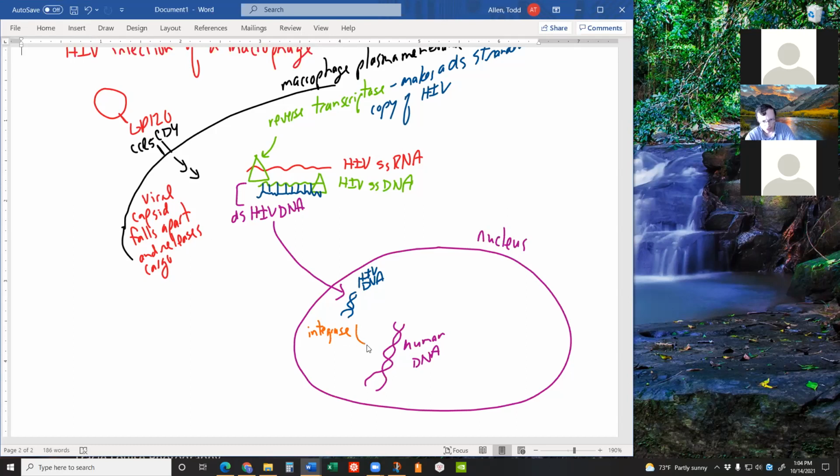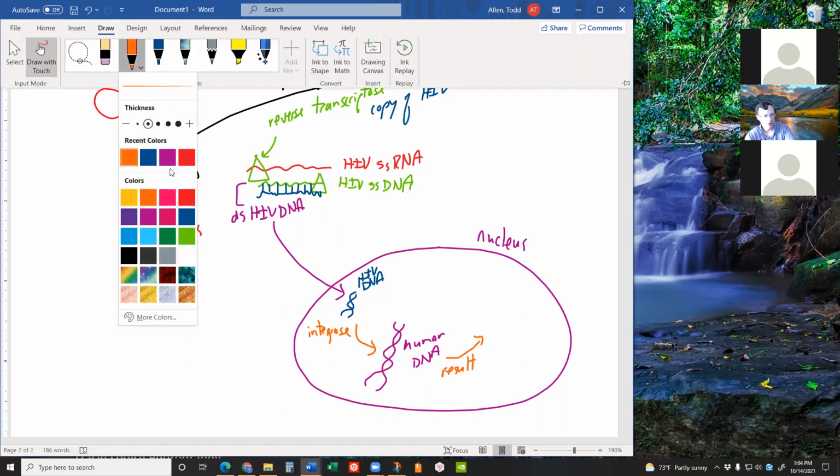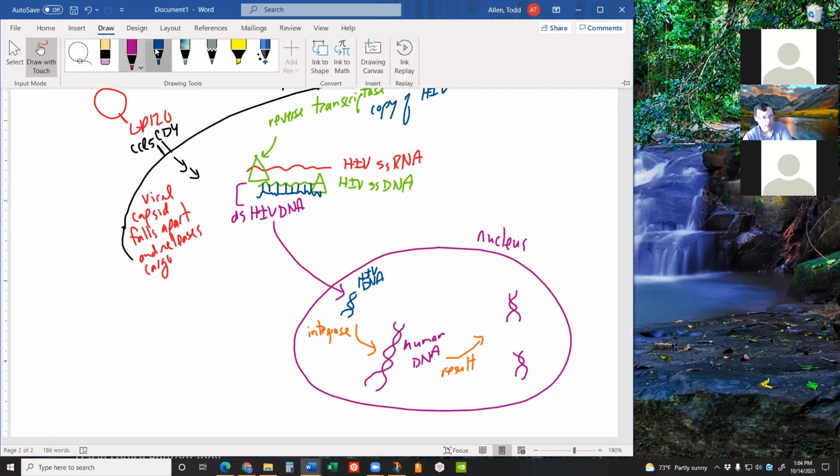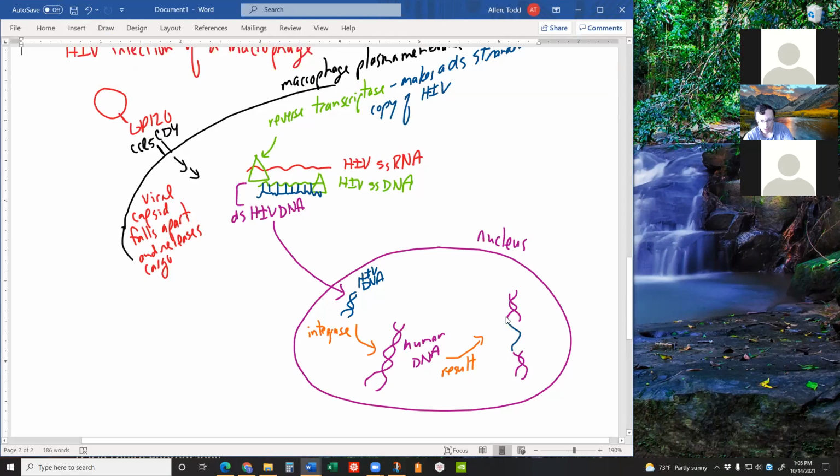And again, I'm not much of an artist, but when this happens, the result is going to be something like this. You're going to have the human DNA, and it's going to be linked together with the viral DNA.